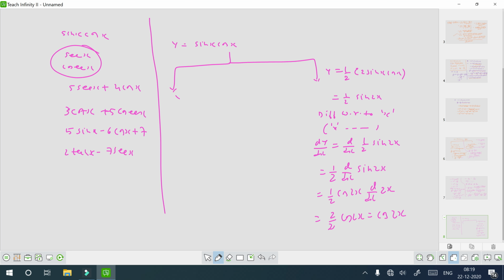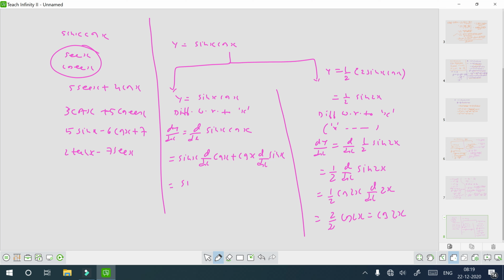Now let us see second way, second method. Sin x into cos x. Apply product rule. Differentiate with respect to x. dy by dx is equal to d by dx of sin x into cos x. First function as it is, d by dx of second one. Second function as it is, d by dx of first one.